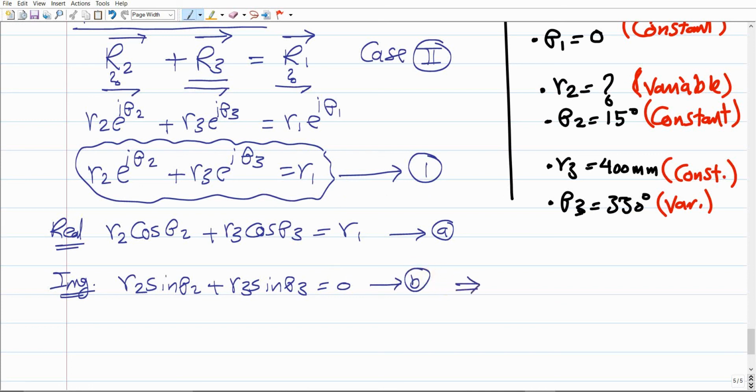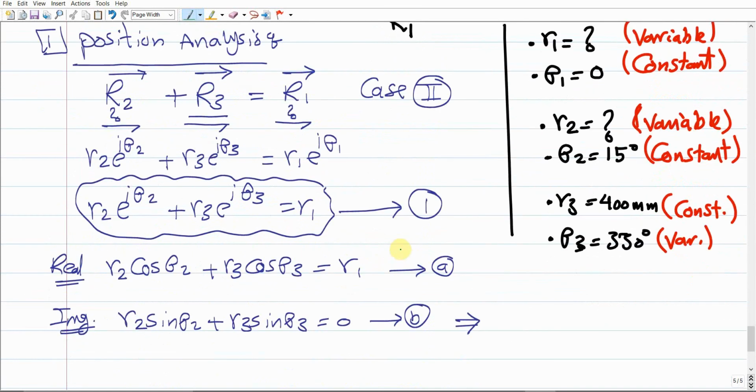From equation B we can directly find one of the unknowns. Looking at the unknowns, R1 is unknown, but theta 3 we already have as 330 degrees, R3 is 400 millimeters, and theta 2 is 15 degrees.